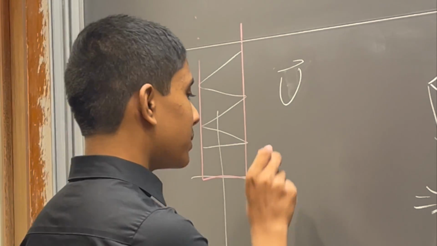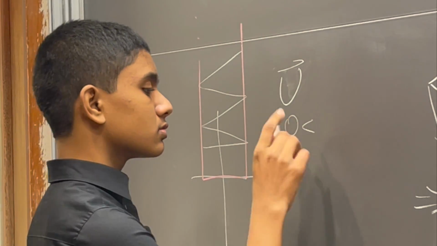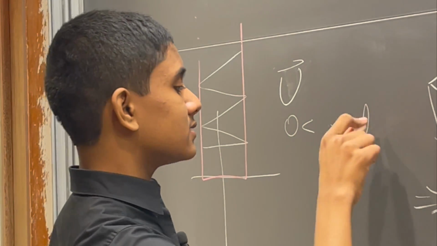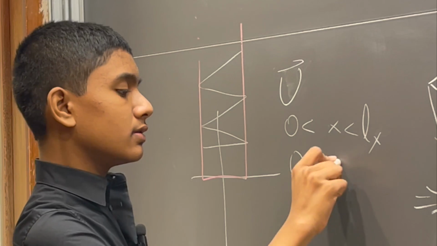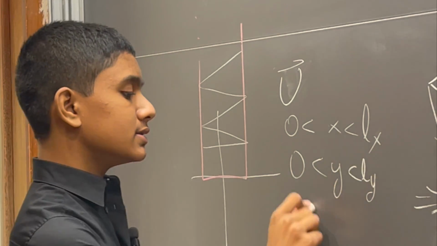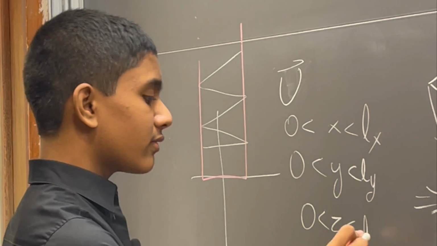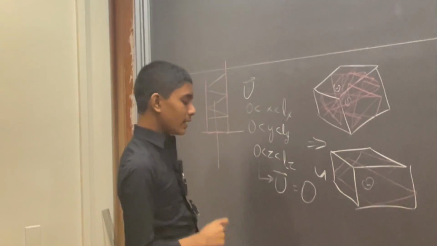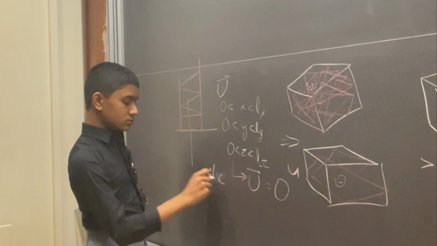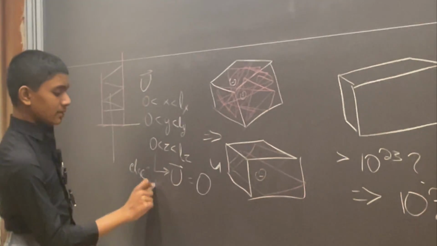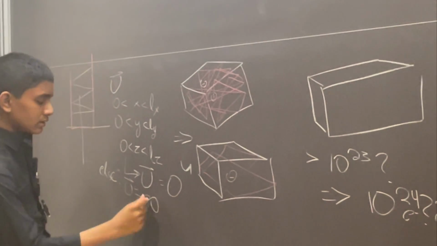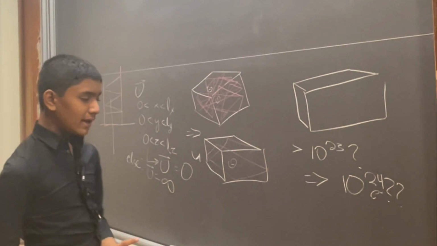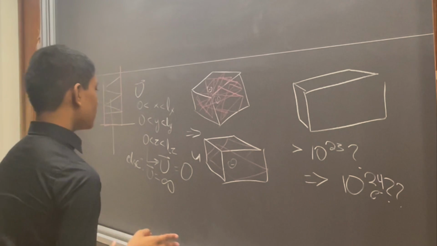So let's say this is the free spot, 0 to lx, 0 to ly, 0 to lz, and within this free spot, the force and hence the potential is 0. And anywhere outside it, the potential is infinite, of course, to prevent anything from escaping. So now we have a good model of what the infinite cubic well looks like.